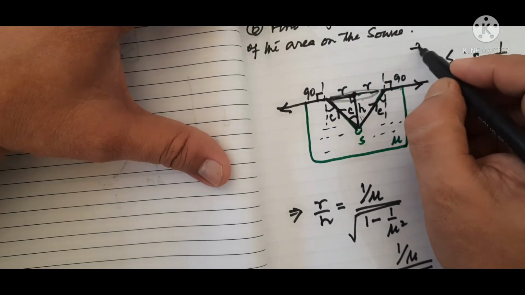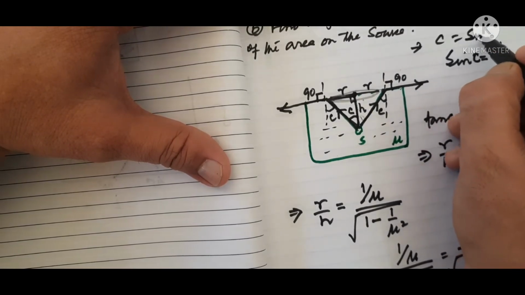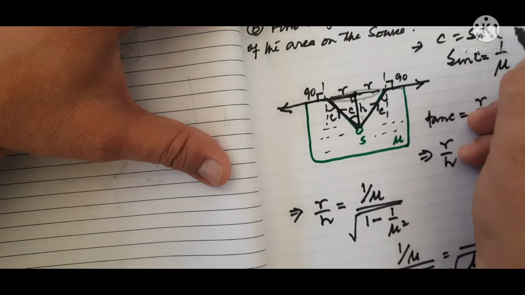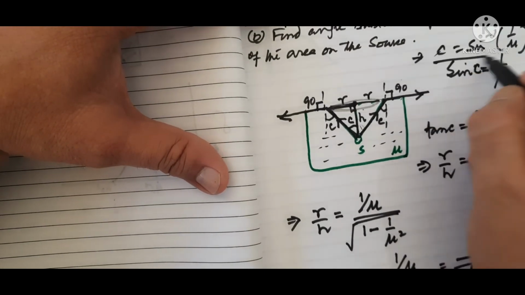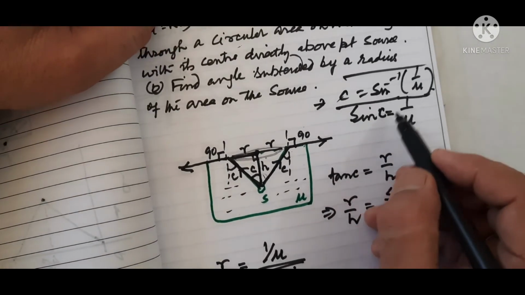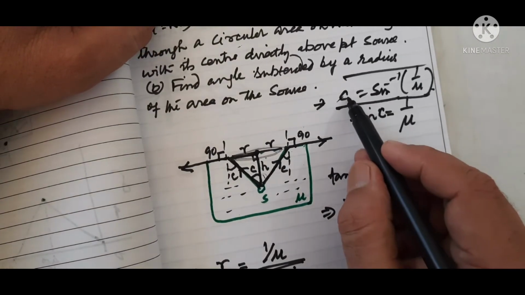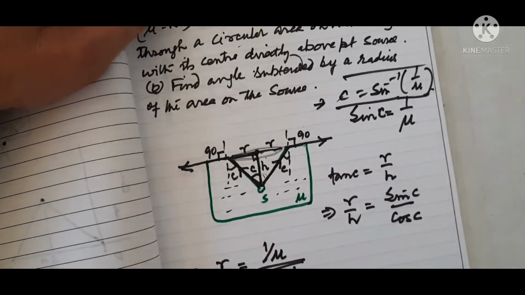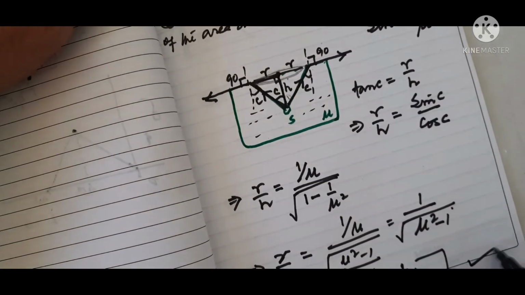C is equal to sine inverse 1 by mu. From here sine c is equal to 1 by mu and c is equal to sine inverse of this. So you have to find that radius.